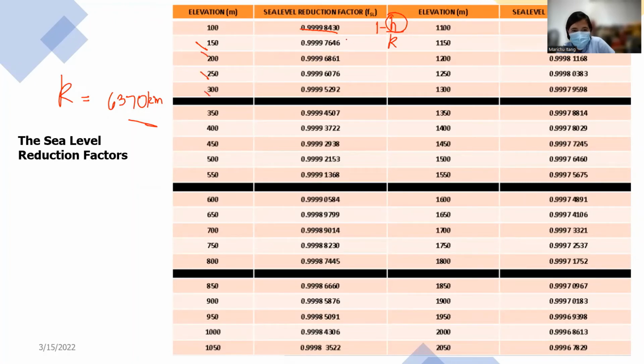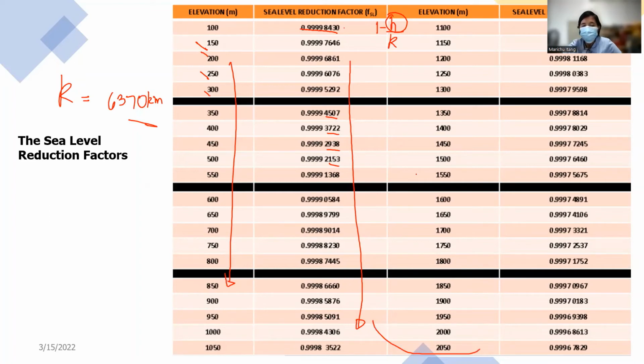So, observe the value of the reduction as the elevation increases. So as the elevation increases, yung value ng ating FSL also changes. So 499, 4740, naging 37, naging 29 na lang, naging 21. So nagde-decrease din siya kung nag-change din yung ating value ng elevation.